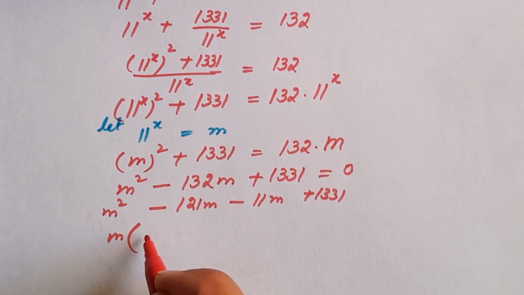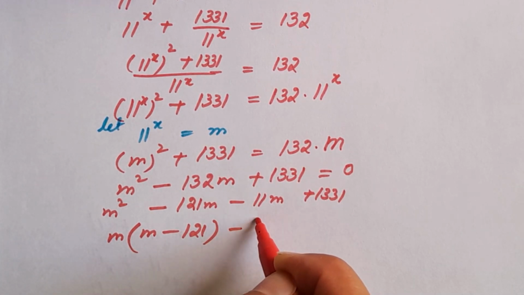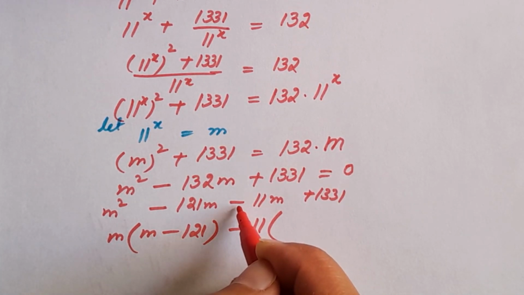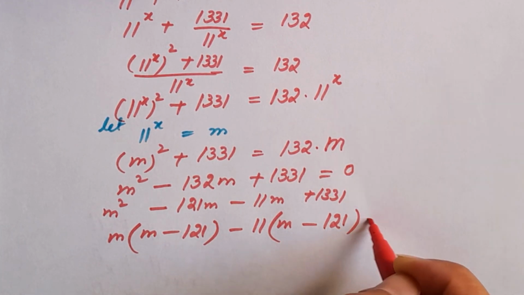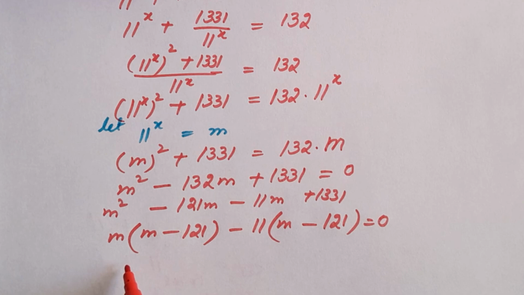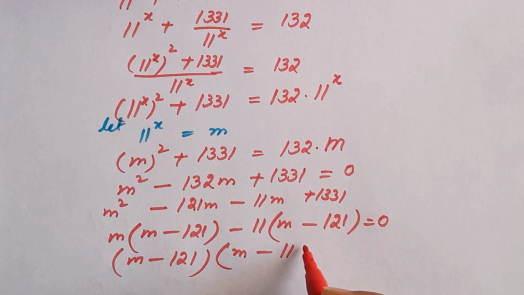Taking m common from the first two terms, we will get inside m minus 121, minus 11 common, so m minus 121 is equal to 0. Means that we got the two factors m minus 121, m minus 11, and these two are equal to 0.